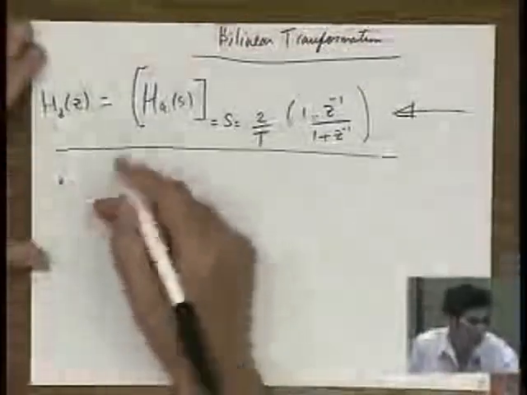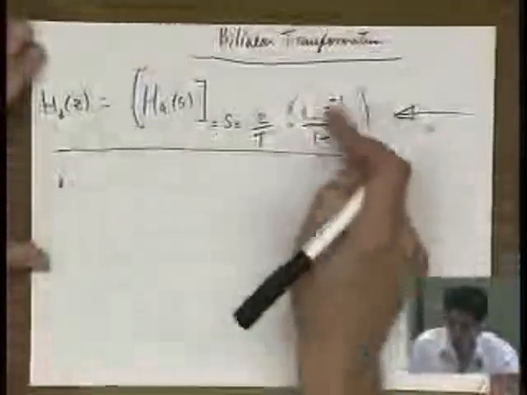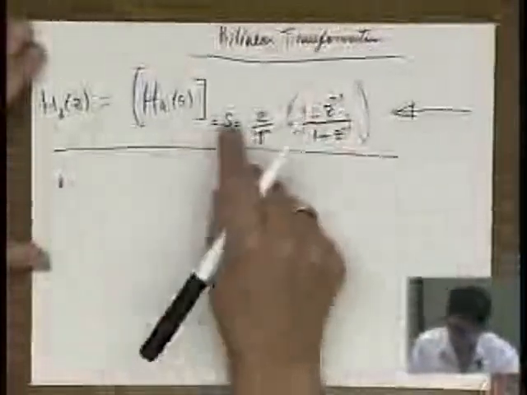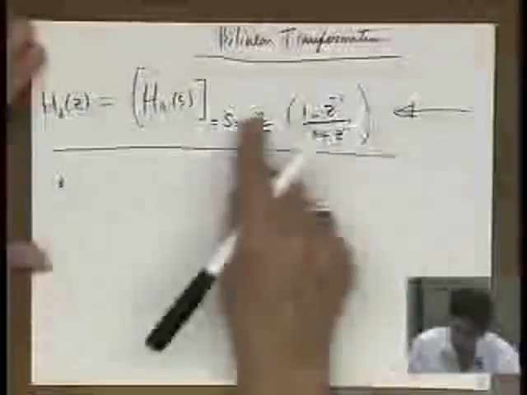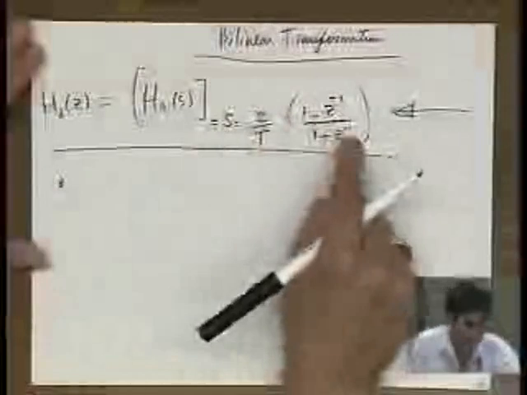Well, first of all, this is already rational, right? S and Z are already related to each other in a rational way, a ratio polynomial to another ratio polynomial.